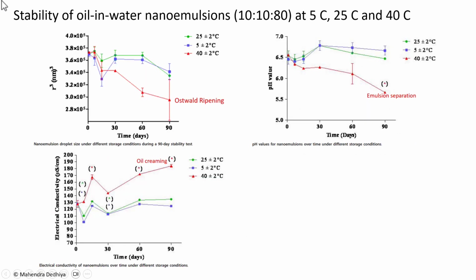The results are shown here for the nanoemulsion 10-10-80 formulation. The particle size distribution shows the growth of particles, and it points to Ostwald ripening at 40 degrees at 90 days. Electrical conductivity tests will show the separation of oil and water. It's very stable at 25 degrees and 5 degrees for 90 days.